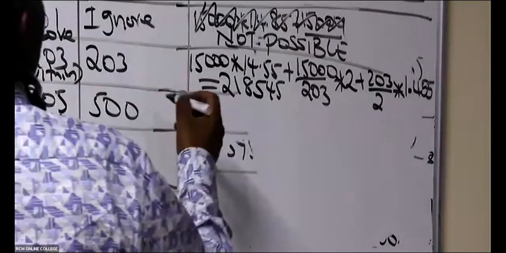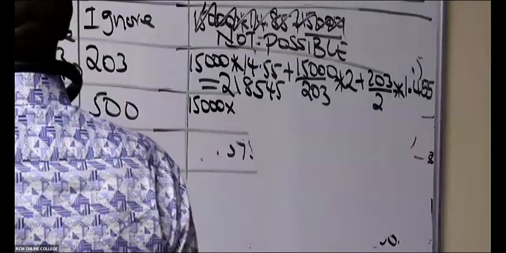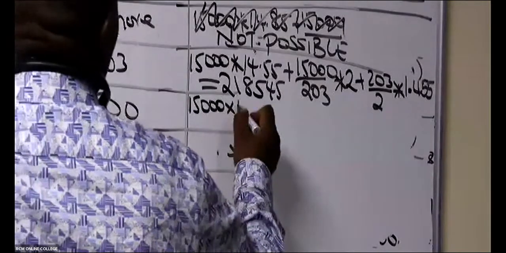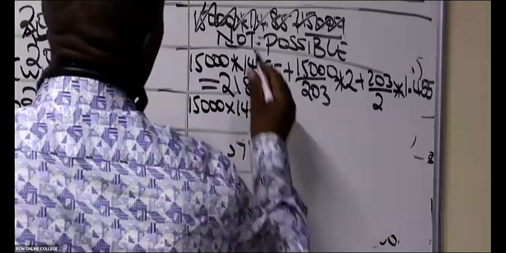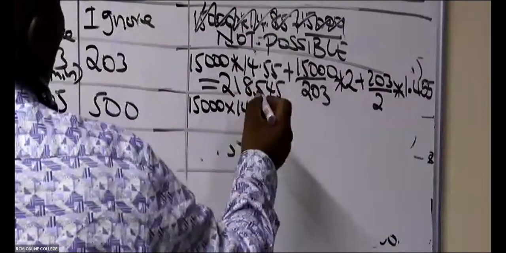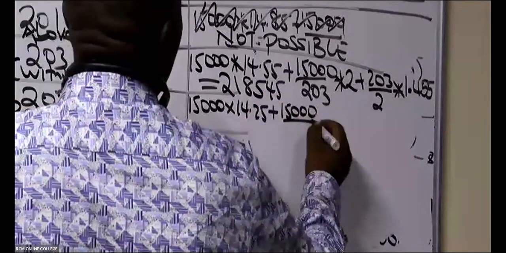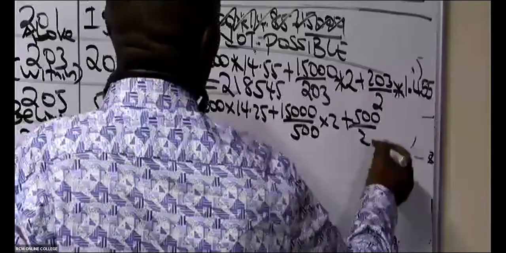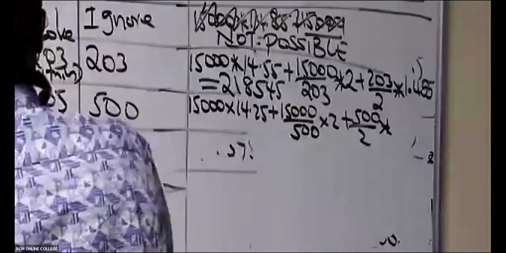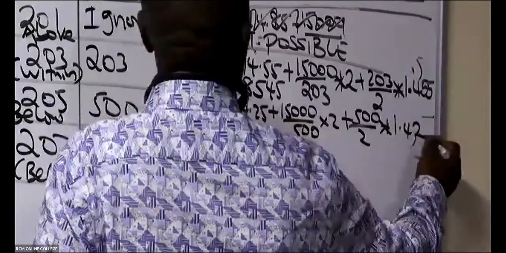The third class, the D will still remain 15,000 times purchase price, which is 14.25, plus the D over Q. So 15,000 divided by Q, which is 500 here, times CO, which is 2 constant, plus the 500 divided by 2, multiplied by the holding cost for this class, which is 1.425.